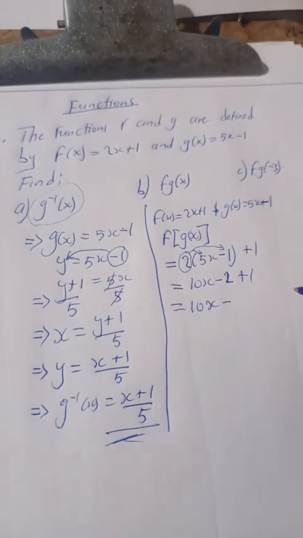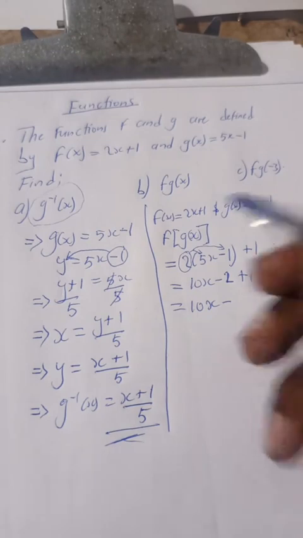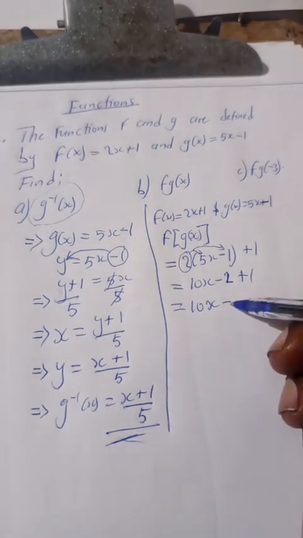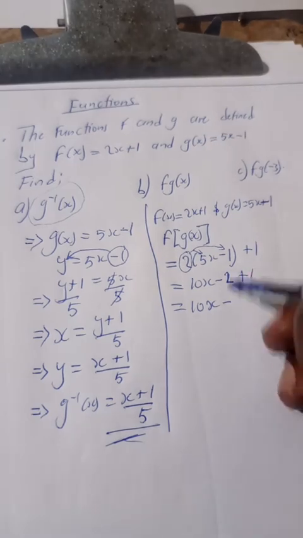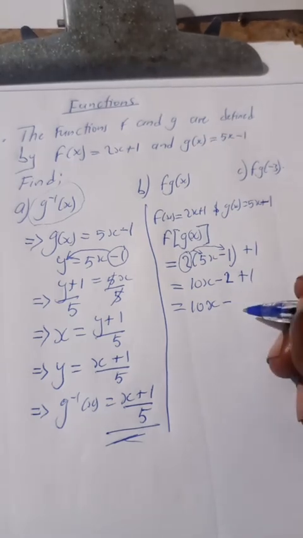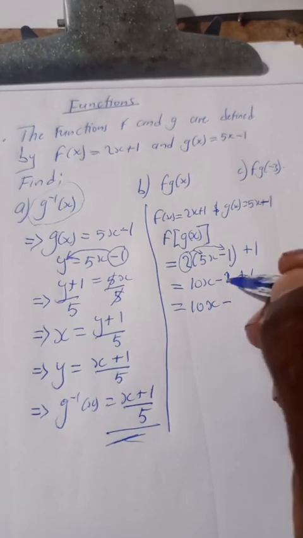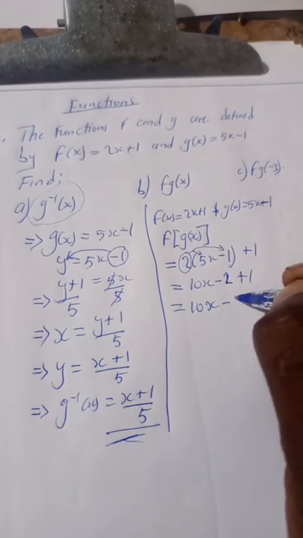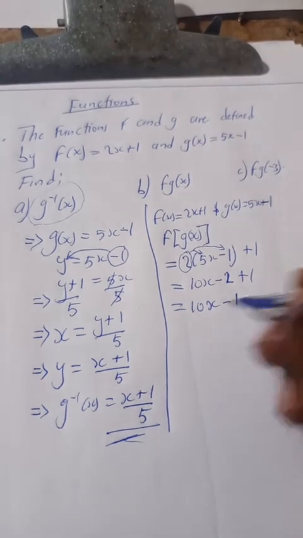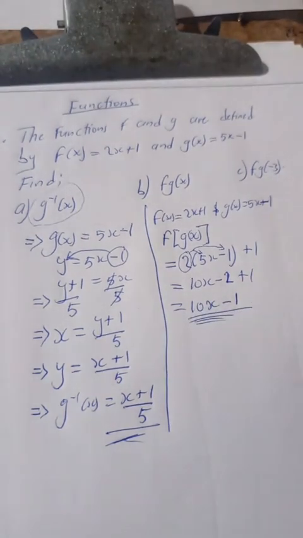If you have different signs, you subtract and maintain the sign of the bigger number. The sign of the bigger number is negative, so our answer will possess a negative sign. So 2 minus 1 is 1. So this is our final answer here: 10x minus 1.